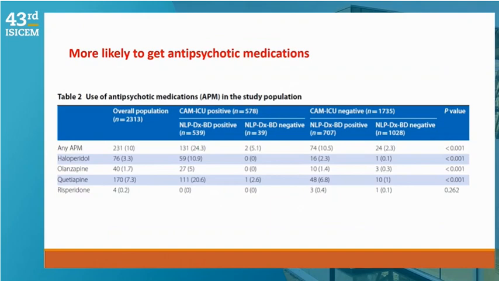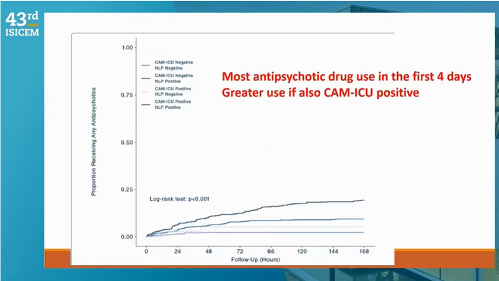Another way of saying, well, does it really identify people that we would think are delirious? Well, one way to look at it is whether they get antipsychotic medications. And the answer is yes, they do. And if you look at the different groups of patients that are CAM-ICU positive and NLP positive, and you look at those CAM-ICU negative and NLP positive, the NLP signal is the one that really matters.